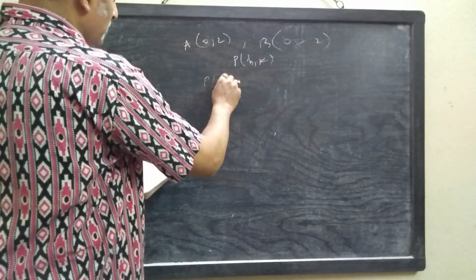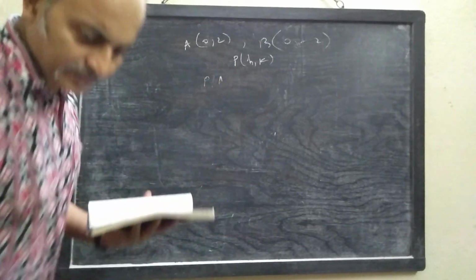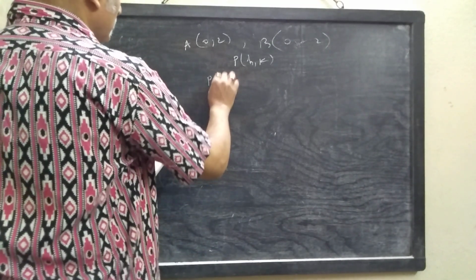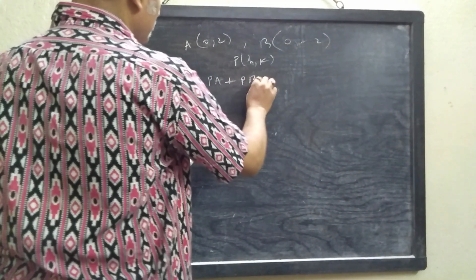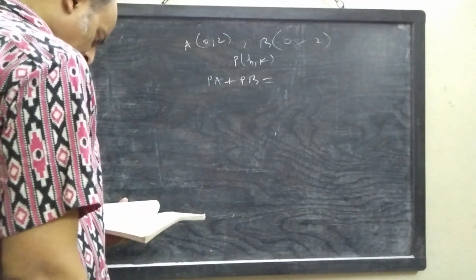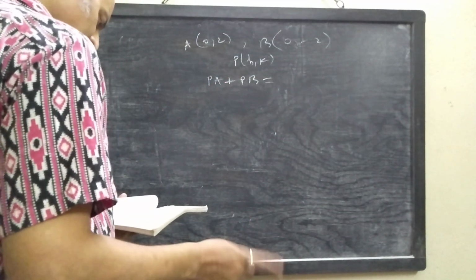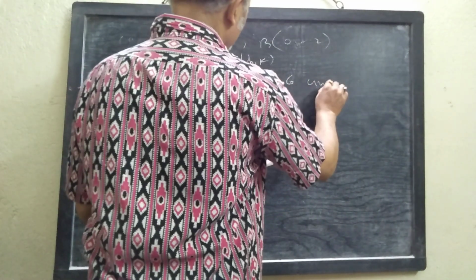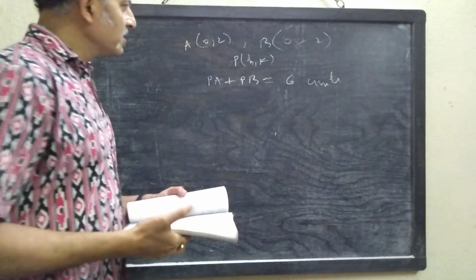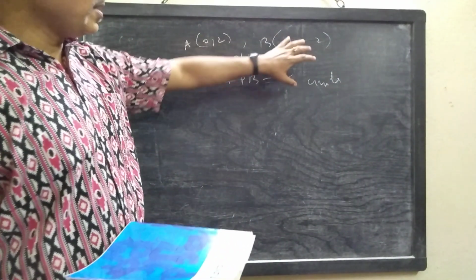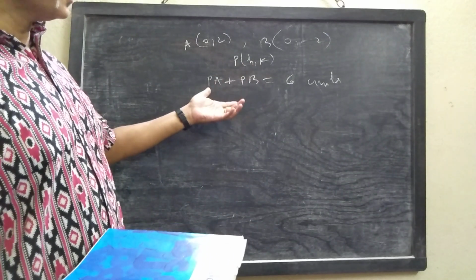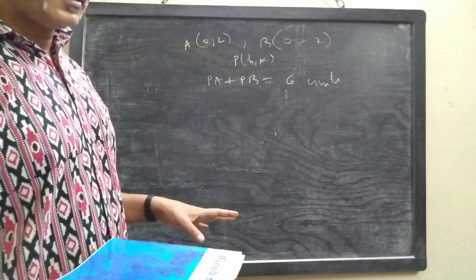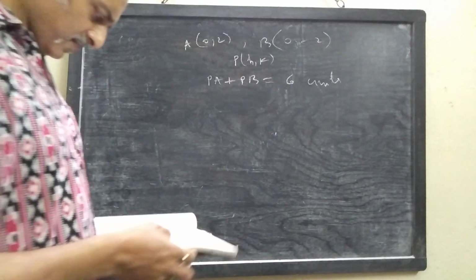According to the question, PA plus PB, the sum of its distances from the points, is 6 units. So just find PA, then find PB, then put these values here. So you get a relation between h and k, then you have to remove the square root sign and you get the answer in this form.